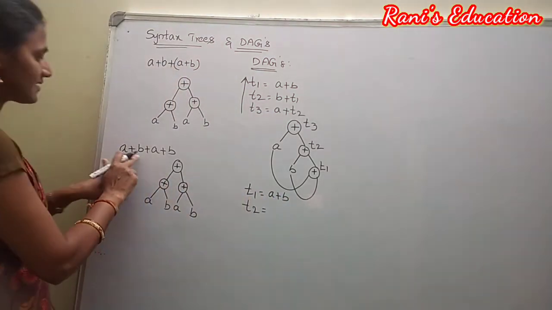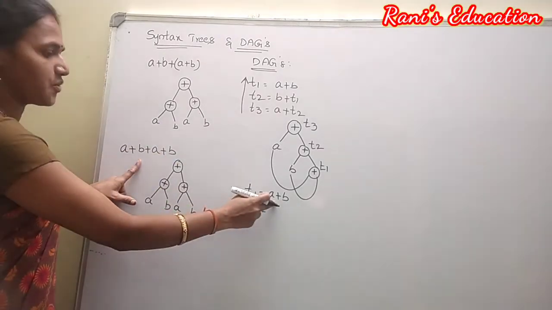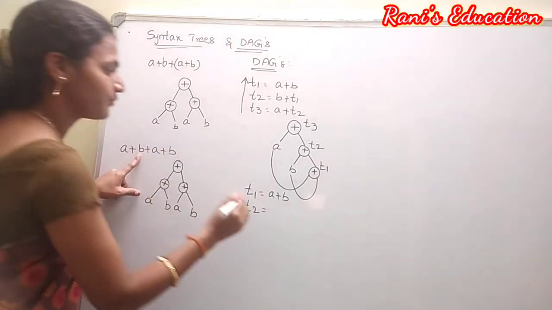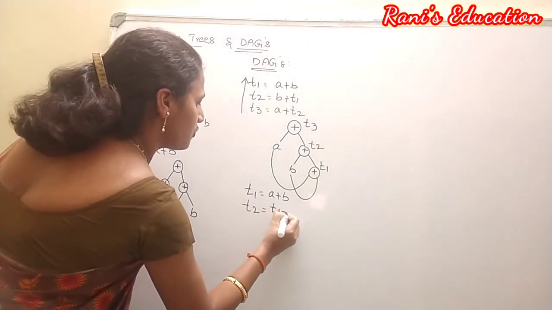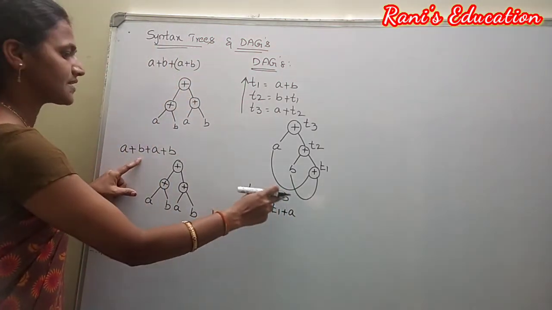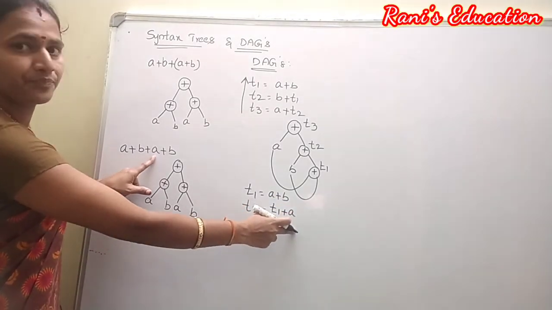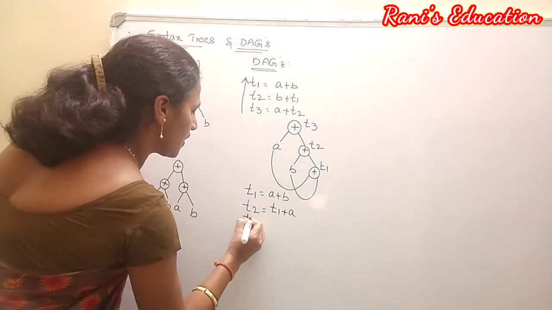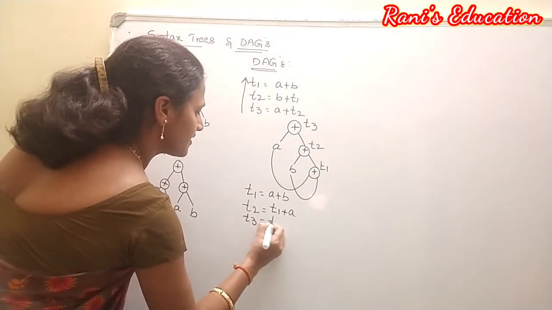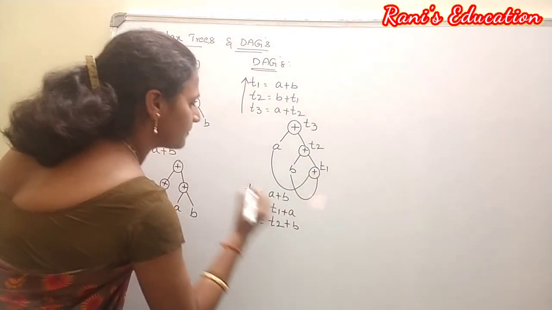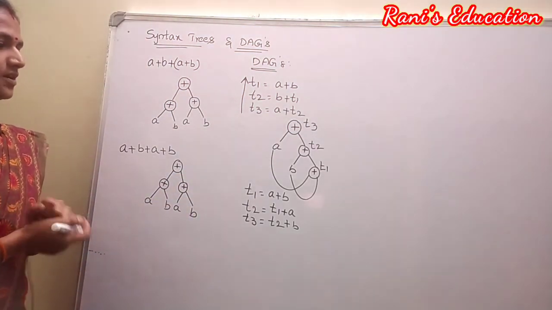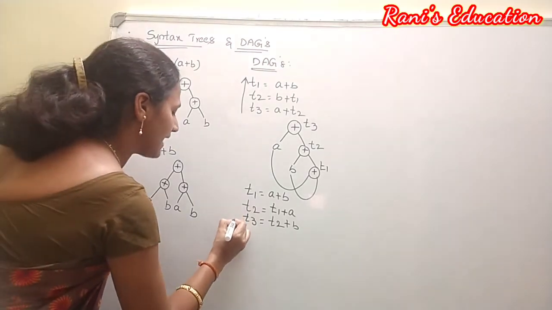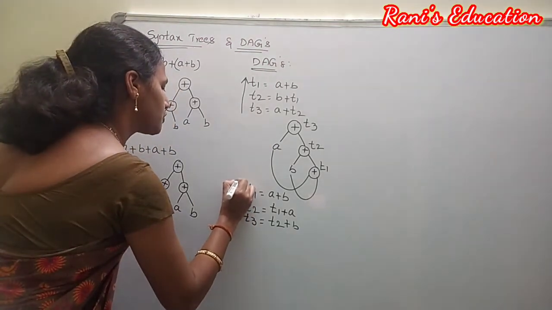T2 is T1 plus a, that is, a plus b plus a. Then what about the next term? Plus b. So that also I am going to consider like this: T3 is T2 plus b. Here also we are going to construct the DAG from bottom to top.